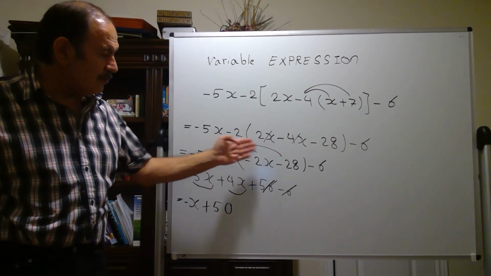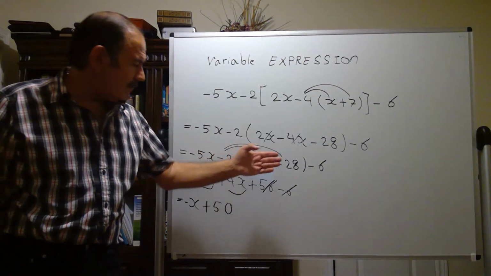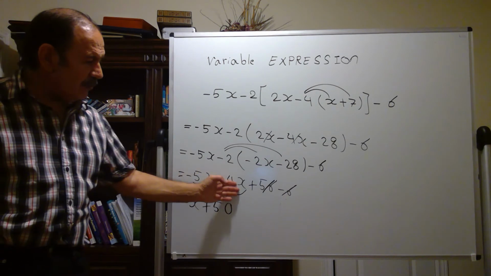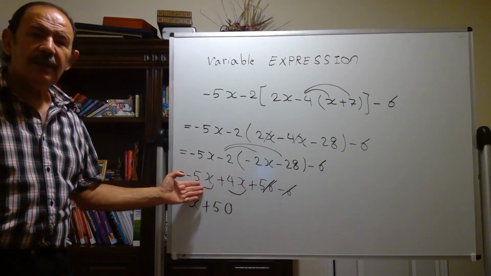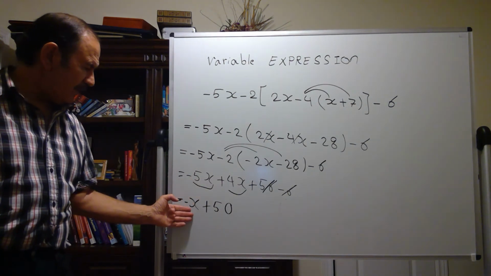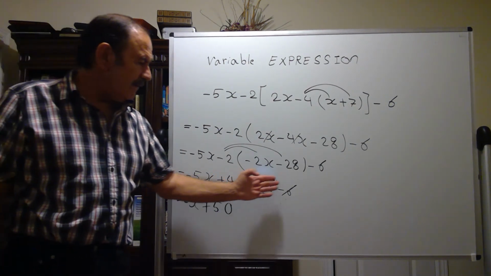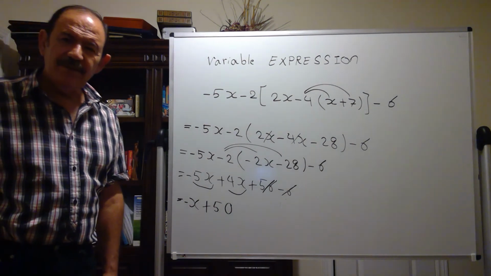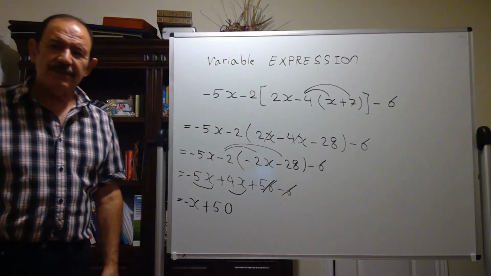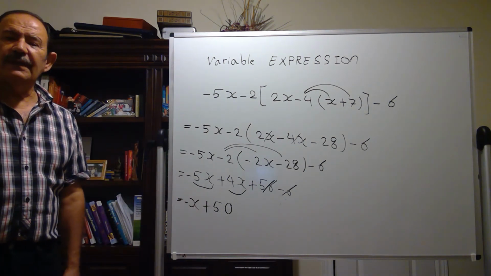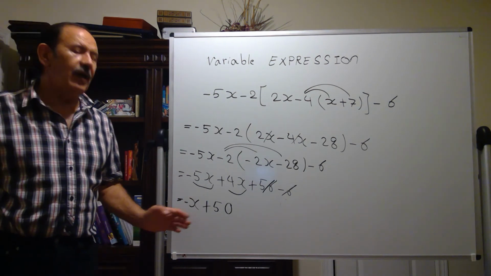The priority goes to multiplication, negative 2 times the bracket, that I multiplied. At the last step, the priority goes to addition and subtraction by finding the like terms, which is negative 5x plus 4x, which is negative x, and 56 minus 6, which is 50. This is how we can simplify variable expressions following BEDMAS and figuring out the like terms.